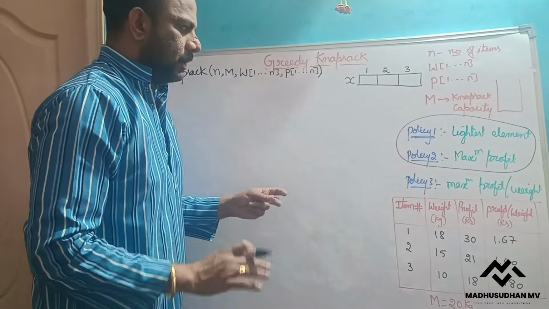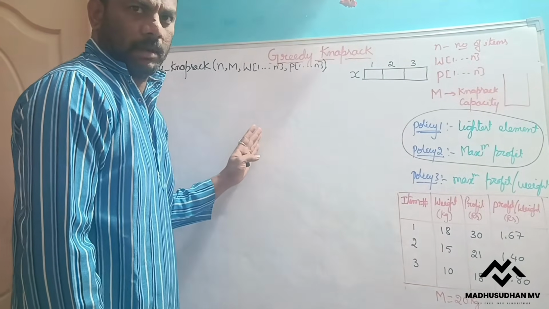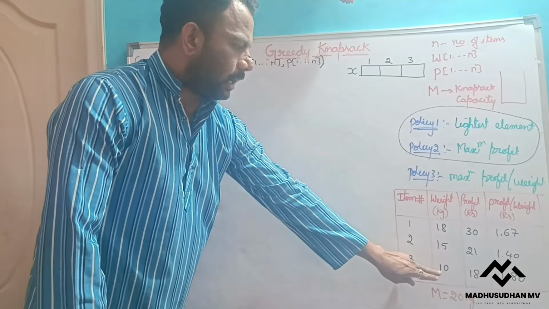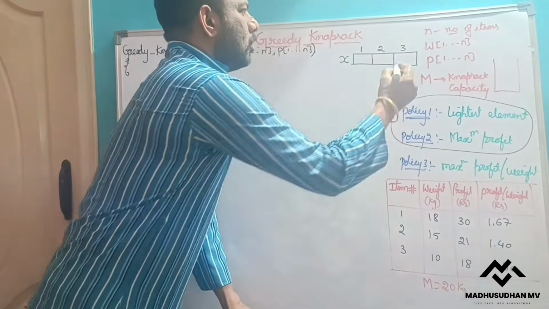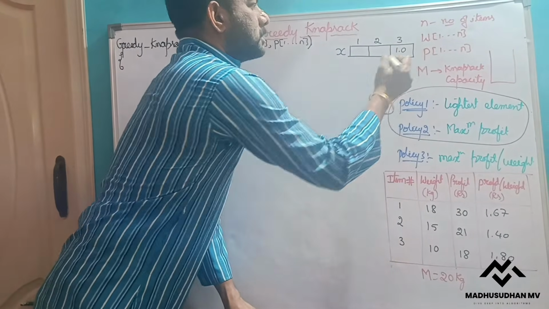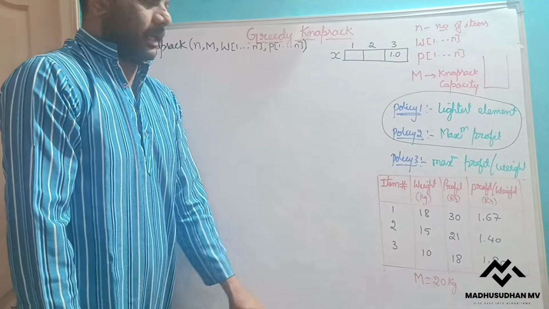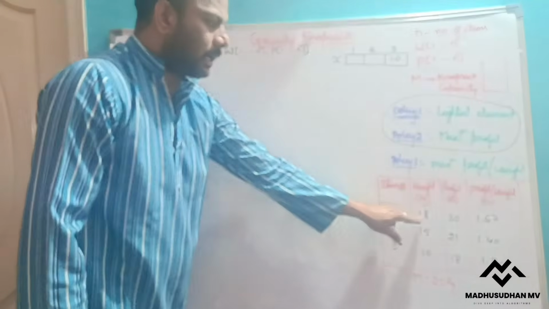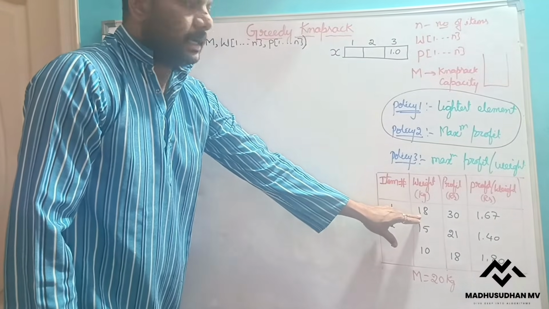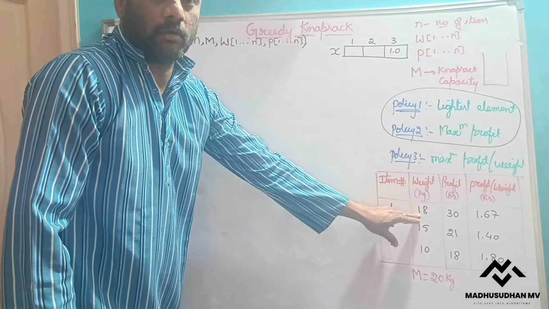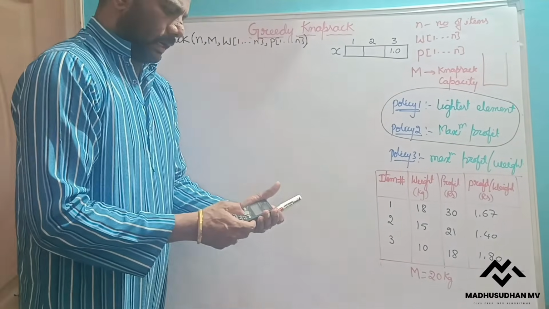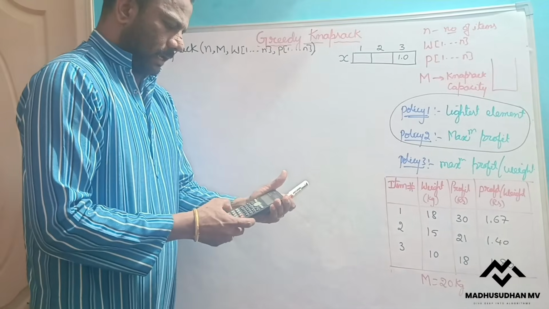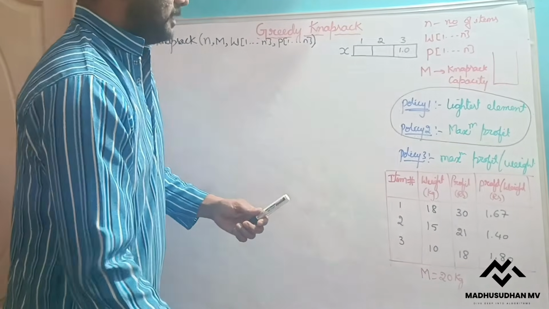Now in the previous example that we discussed, we took the complete 10 kg of item number 3. So write 1.0, that is complete 100%. Then we take 10 kg out of 18 kg of item 1. 10 out of 18 kg means 10 divided by 18 is equal to 0.56.